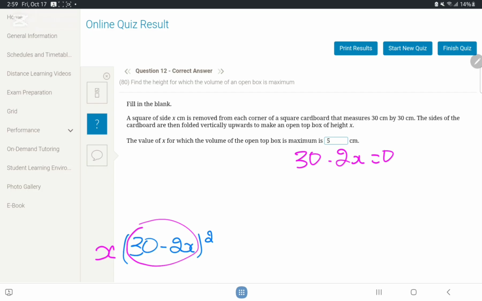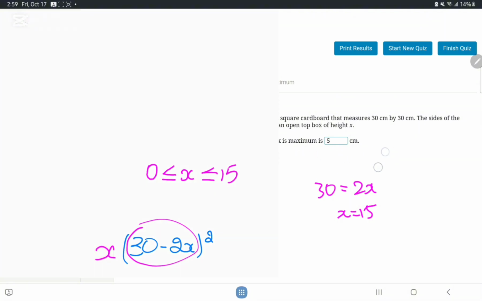You get 30 equals 2x, and x equals 15. This is the condition: you always start with 0, so 0 is less than or equal to x, which is less than or equal to 15.